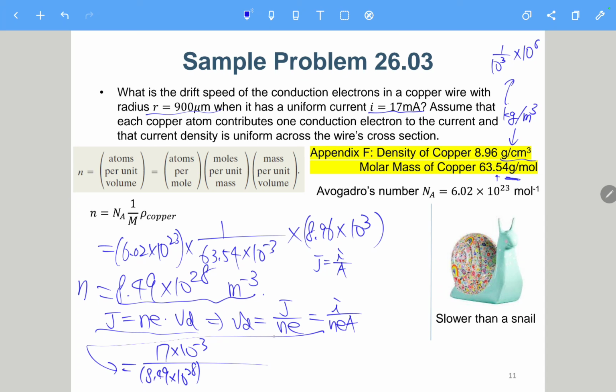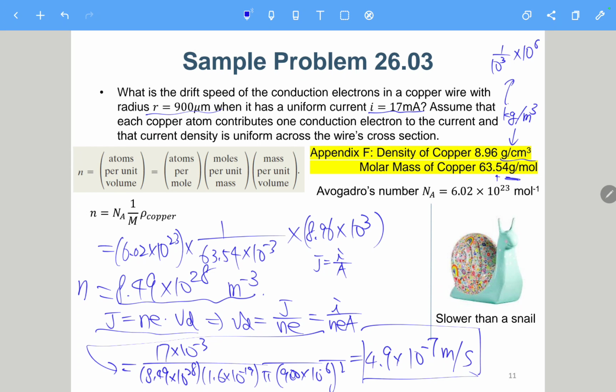And then e is 1.6 times 10 to minus 19, and then times pi r squared, and then r is 900 times 10 to minus 6 power, and then squared. Okay, so just use a calculator to find the value, which would be 4.9 times 10 to minus 7 meter per second.